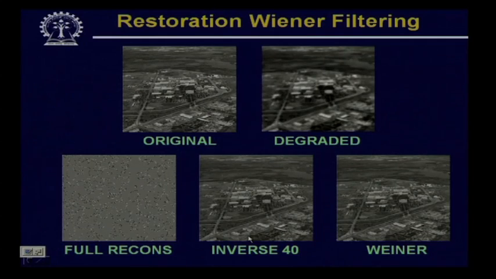However, visually they appear to be almost same. The advantage in case of Wiener filter is that I do not have to decide what extent of frequency components I have to consider for reconstruction or for restoration of the undegraded image.